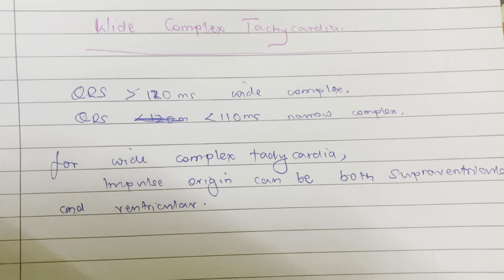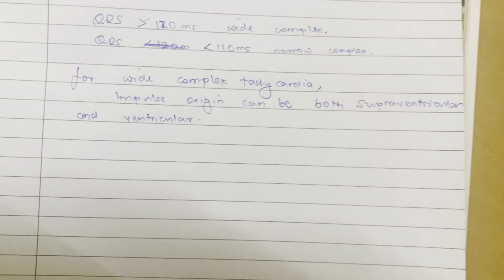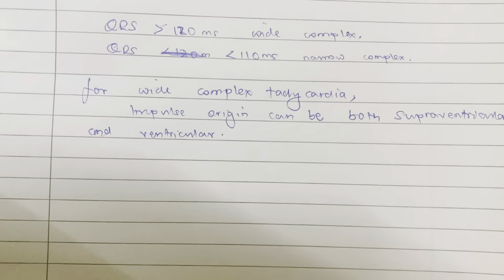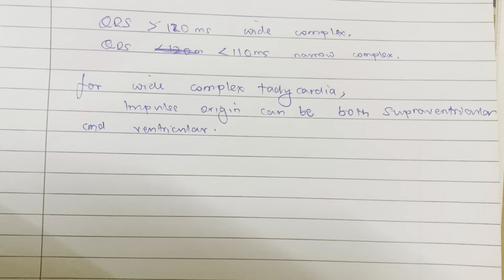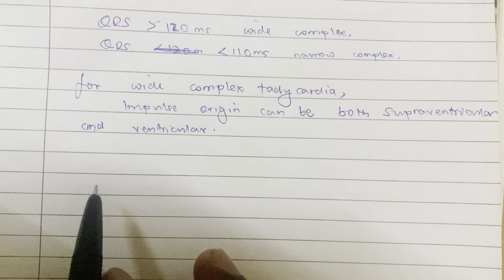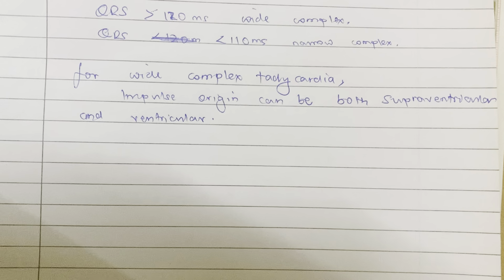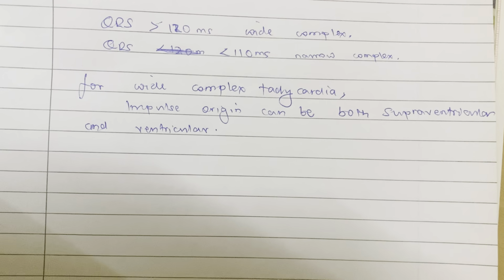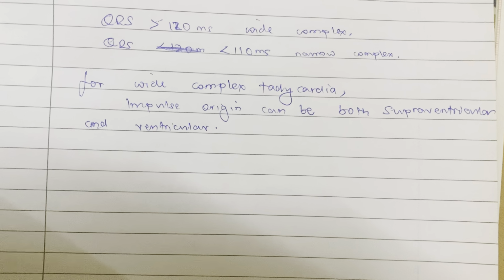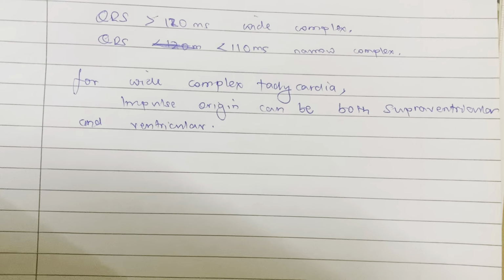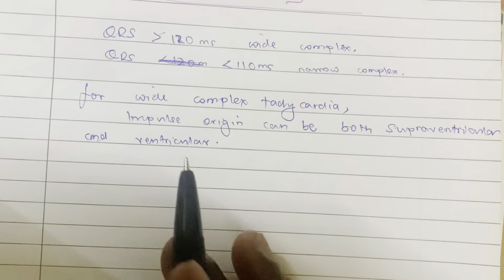That is a big point to note, that in wide complex tachycardia, the impulses can originate from anywhere, whether atria or ventricles. Doesn't matter. That's one big difference. Supraventricular we said is always up, but with ventricular origin, like wide complex, it can be up or down.